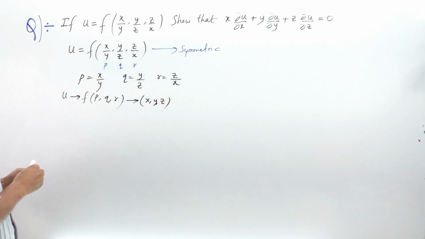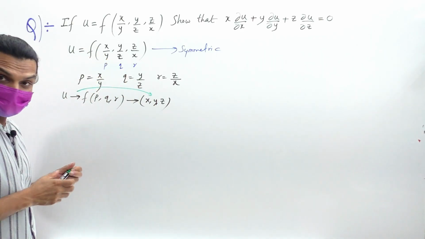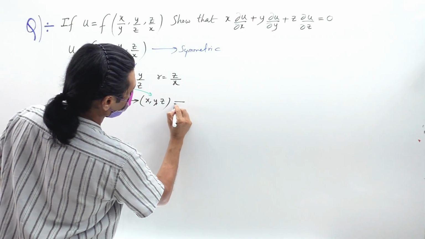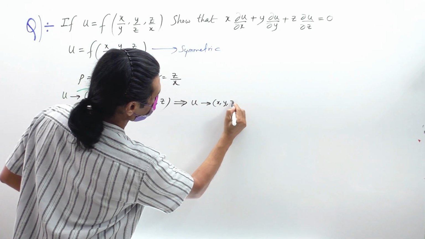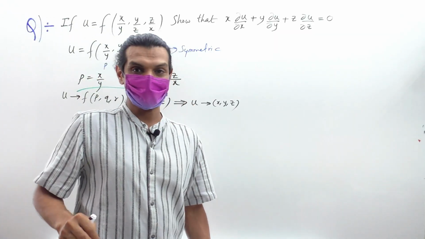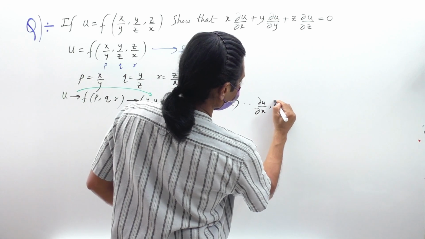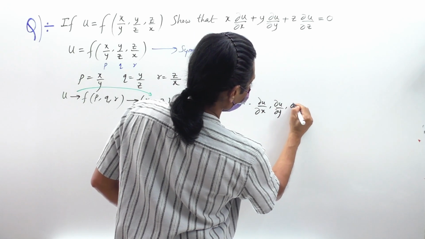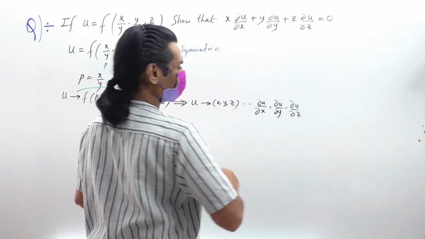That implies directly u is a function of x, y and z. So that means there will be three partial derivatives. Which are they? One is dou u by dou x, dou u by dou y and dou u by dou z.